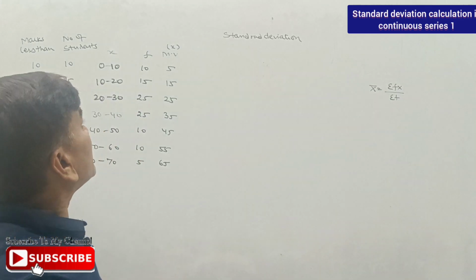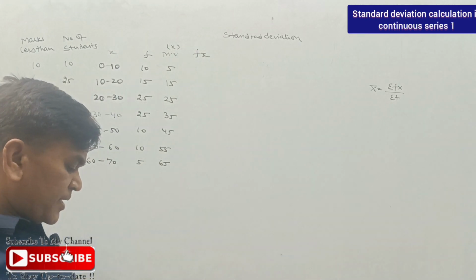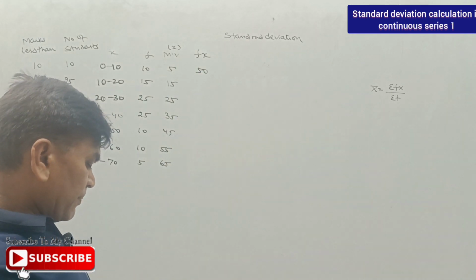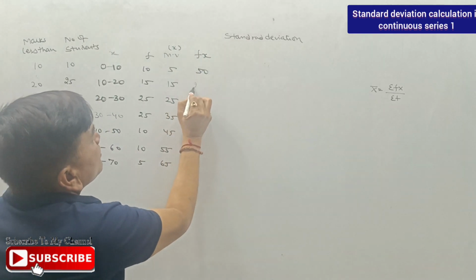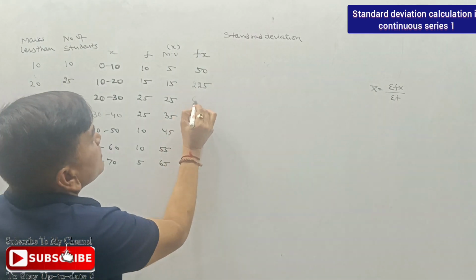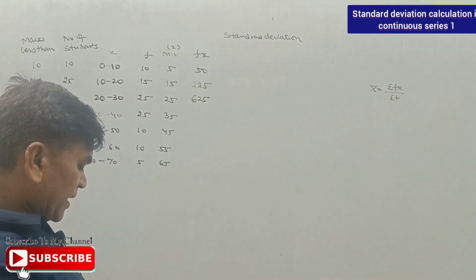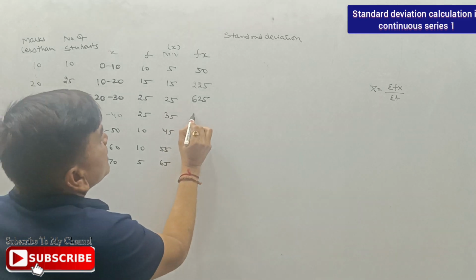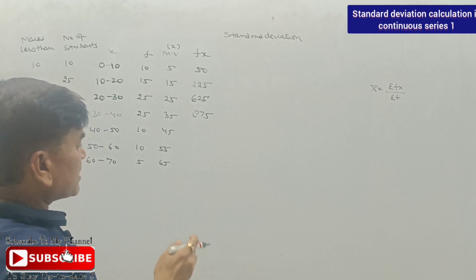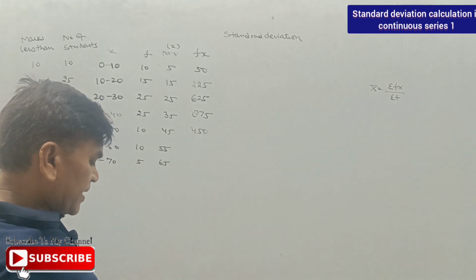So first we get the value of fx. 10 multiplied by 5 is 50. 15 multiplied by 15 is 225. 25 multiplied by 25 is 625. 25 multiplied by 35 is 875. 10 multiplied by 45 is 450. 10 multiplied by 55 is 550.